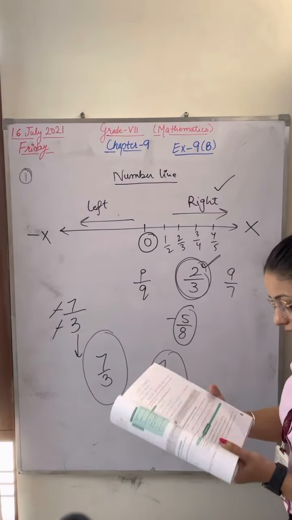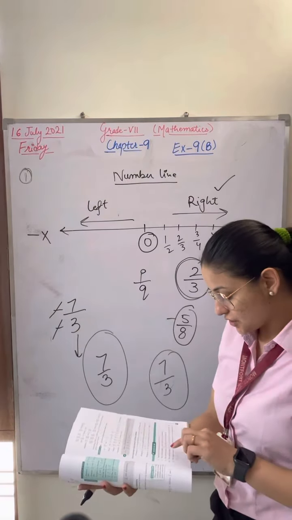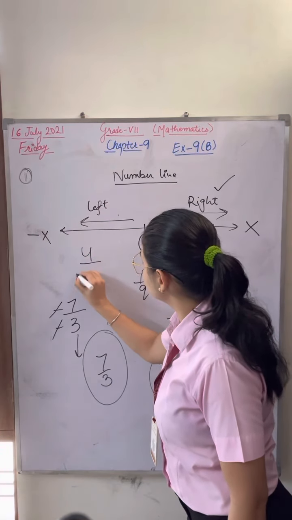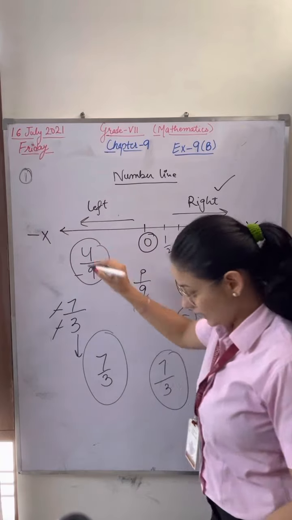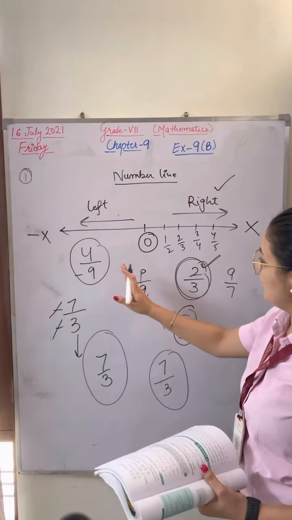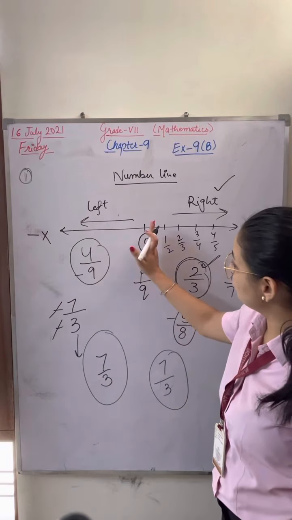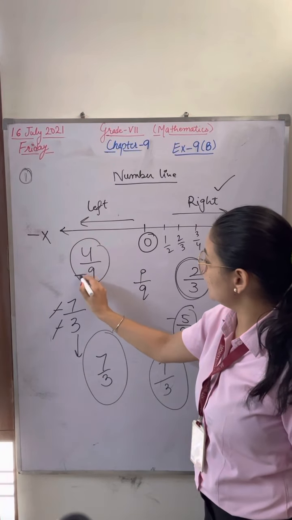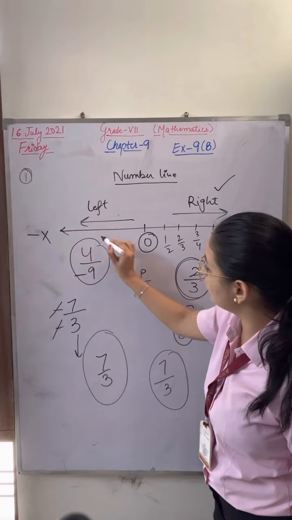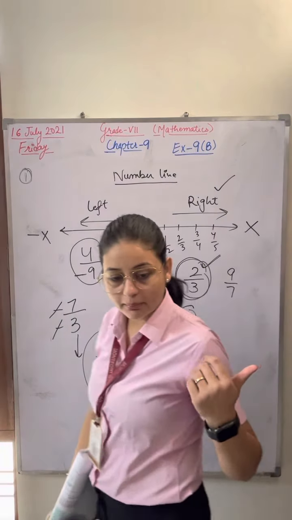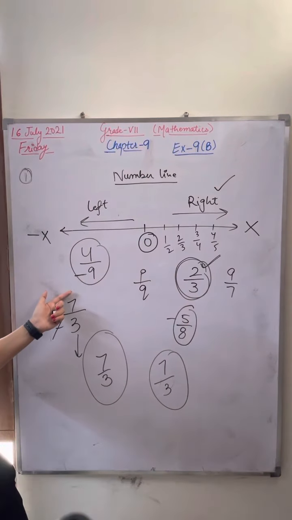Second true false: the rational number 4 upon minus 9 will lie on the left hand side of 0. Please tell me first of all, is this rational number positive or negative?